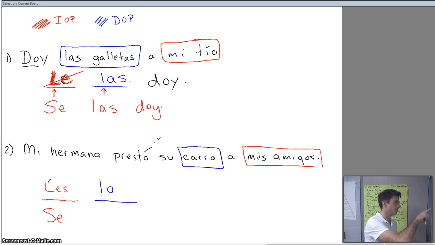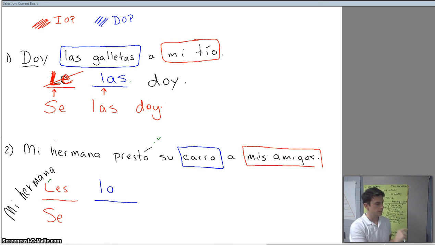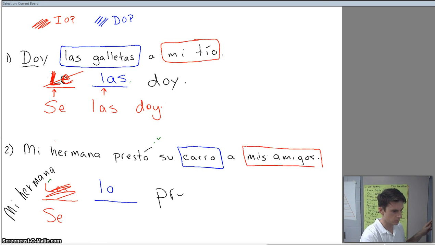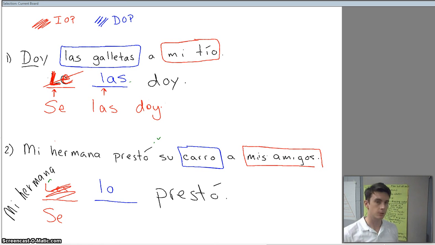So we could have, back from the beginning, mi hermana se lo prestó. We know we're talking about the car. What this says is, my sister loaned it to them.